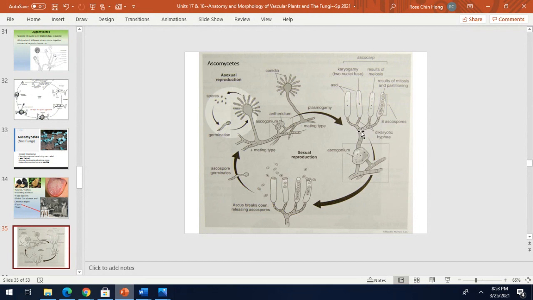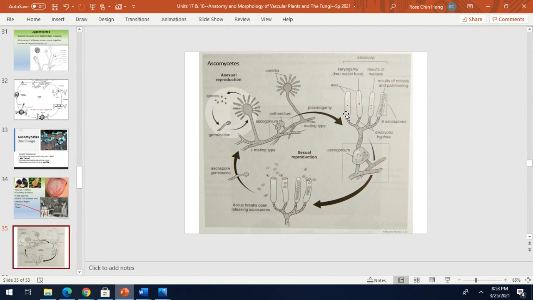When you say dikaryotic, it means two different types of haploid nuclei. So we have two different strains that will develop into this ascus. More than one is called asci, and they'll form an ascocarp.